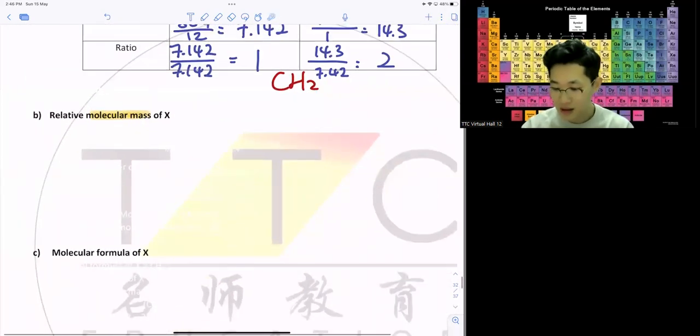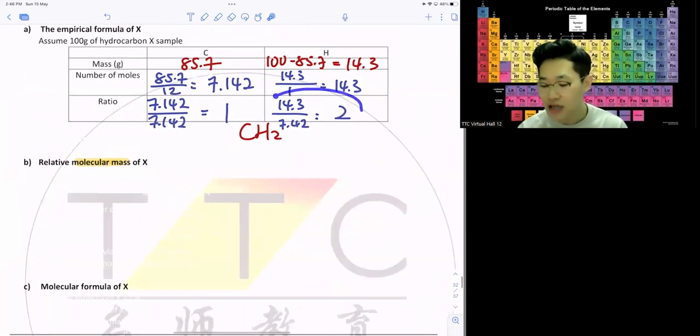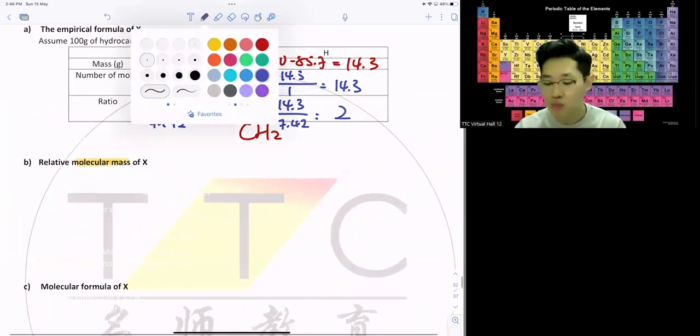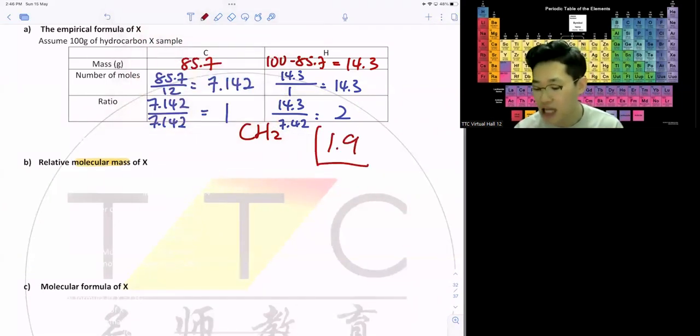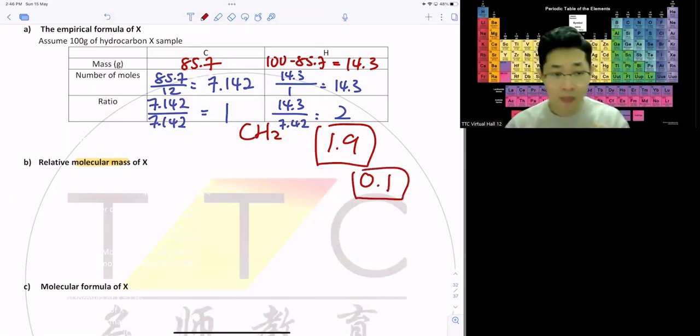Okay. Or you can only round up when the number is like 1.9, a difference of 0.1. You can only round up when it is very close to a whole number, 0.1 difference.